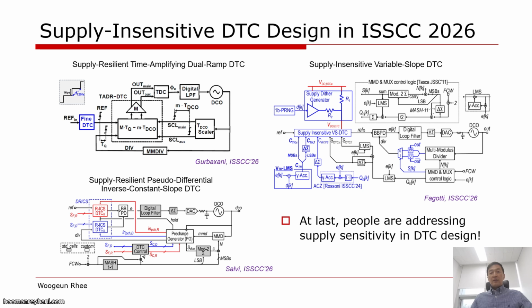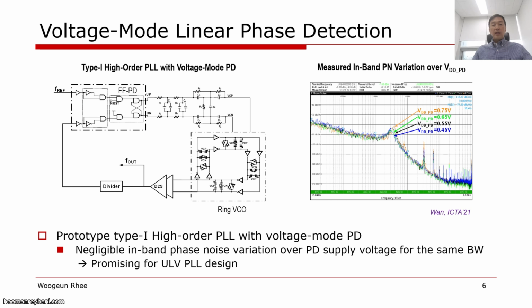Finally, in ISSCC 2026, there are three papers in one PLL section talking about supply-insensitive DTC design, showing how critical it is to design a robust DTC to achieve good PLL performance.